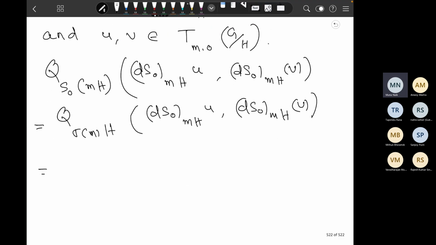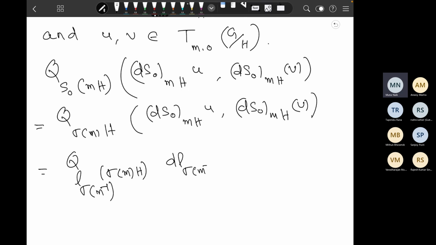Now you use the G invariance of Q. So this is really Q of dL of sigma M inverse applied on dS naught MS U, and dL sigma M inverse on dS naught MS V, because the metric is G invariant, I am using that.